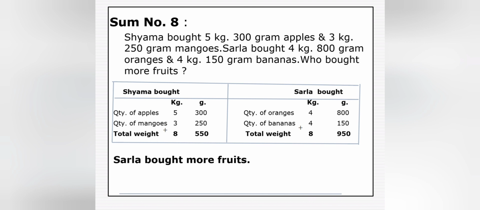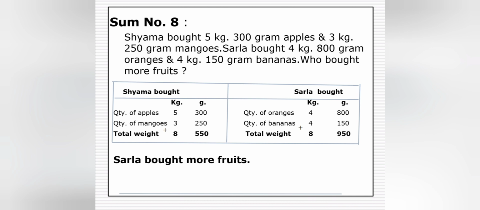Here we will add the quantity of the fruits bought by Shyama and the quantity of the fruits bought by Sarla. So, Shyama bought 5 kg 300 gram apples plus 3 kg 250 gram mangoes, which means her total weight of the fruits is 8 kg 550 gram.